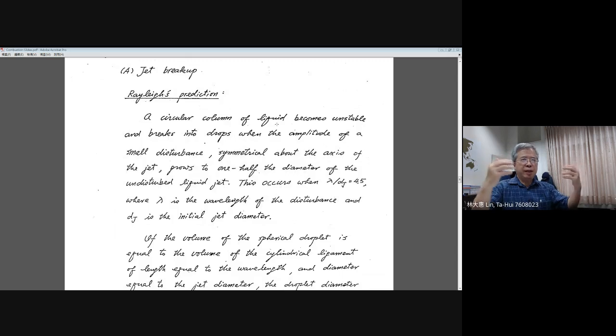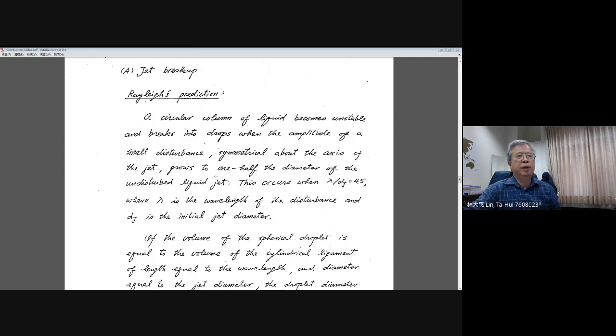Rayleigh gave a very important conclusion: a circular current of liquid becomes unstable when you have some excitation. There is a wave disturbance on the surface of the current of the liquid, and it will break into droplets when the amplitude of a small disturbance, acting symmetrically on the axis of the jet, grows to 1/2 of the diameter of the undisturbed liquid jet.